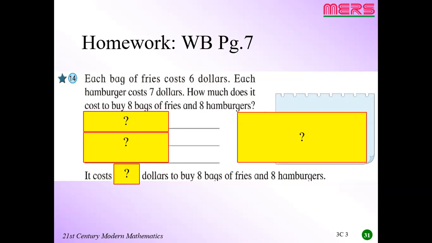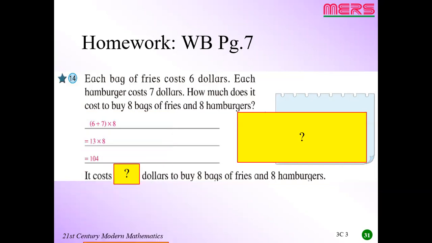Have you finished? The number sentence in the brackets, 6 plus 7, and then times 8. Okay, you should show every step in this part. The answer will be 104.